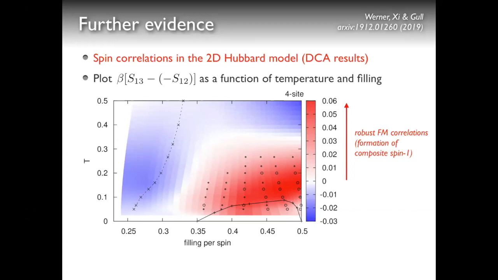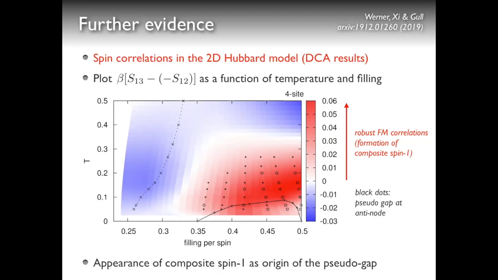The agreement is not perfect, but it's clear that there is a correlation between the appearance of this pseudogap and the enhancement of these ferromagnetic spin correlations. So in that sense, I think this supports the picture of spin freezing as the origin of the pseudogap.